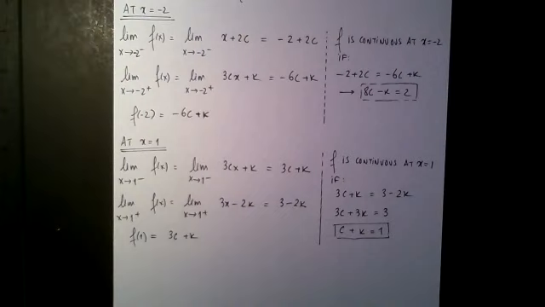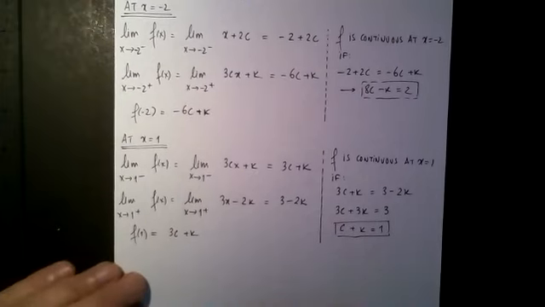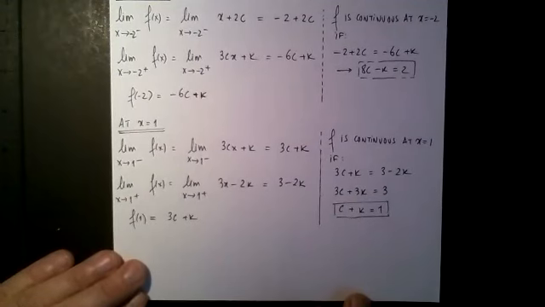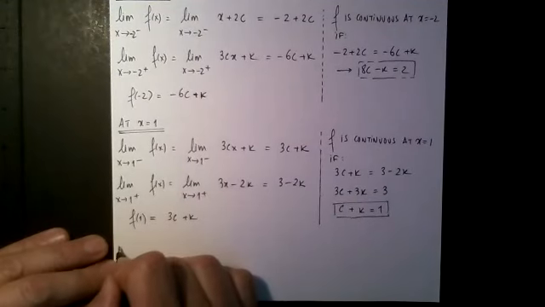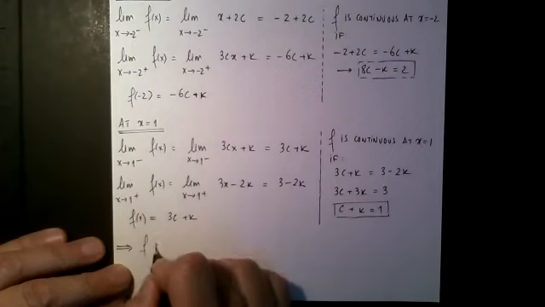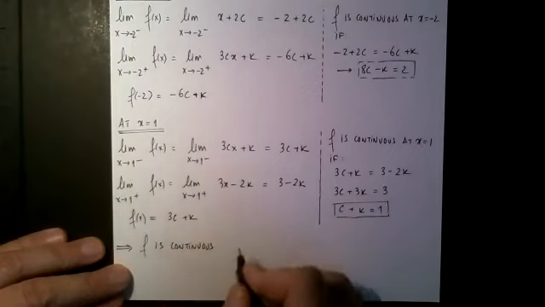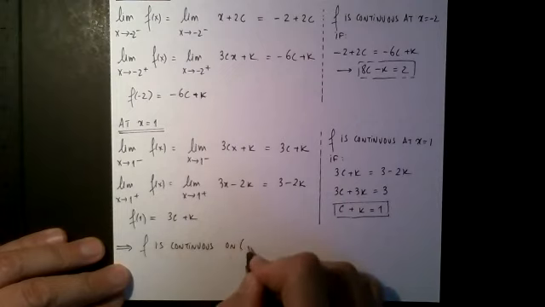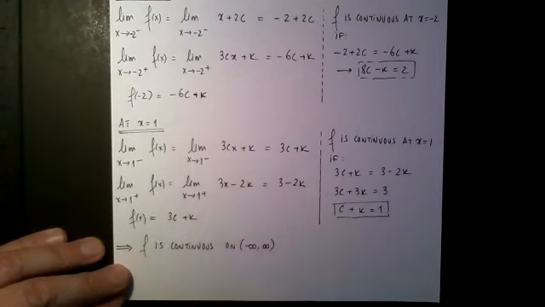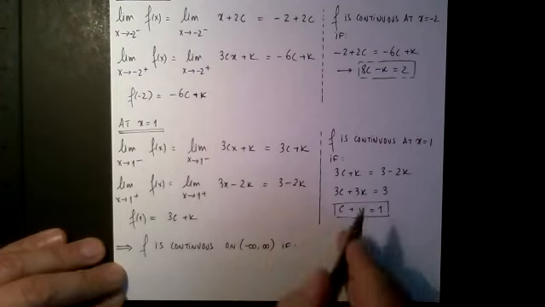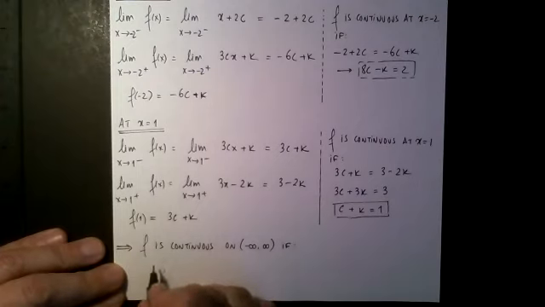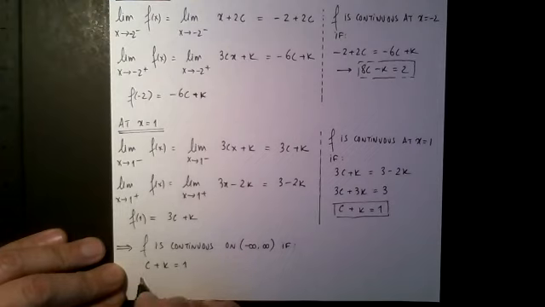So how do I solve this? I have to do a system of equations, like you did in high school. So I'm going to write this down. So f is continuous on minus infinity to infinity if these two equations are satisfied. So basically c plus k equals 1, and then 8c minus k equals 2.